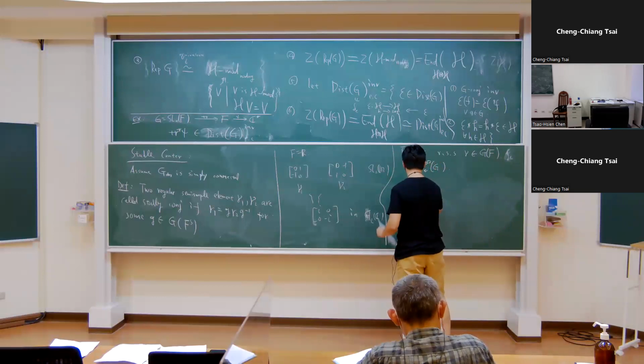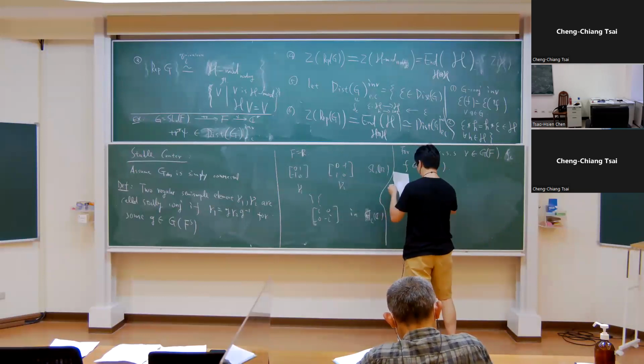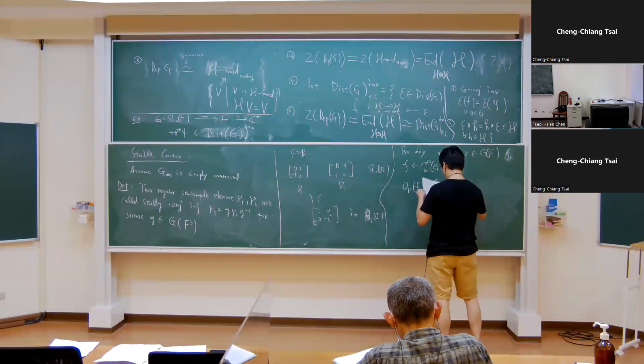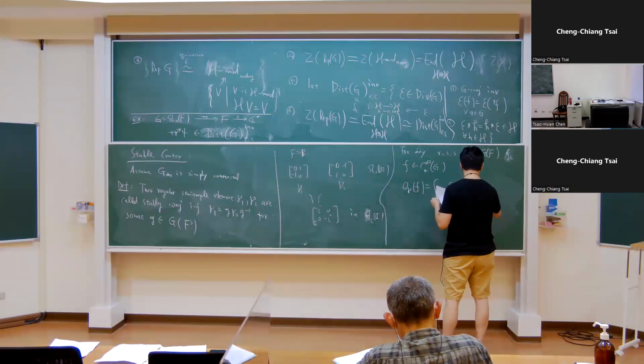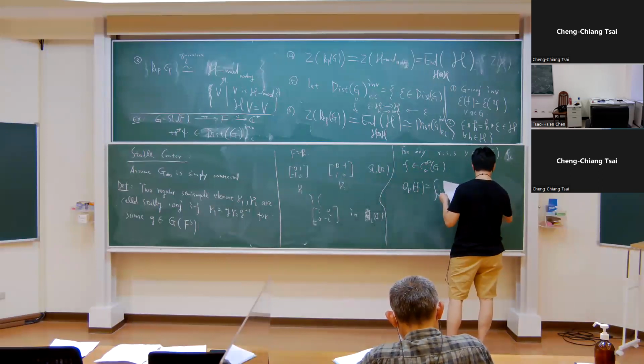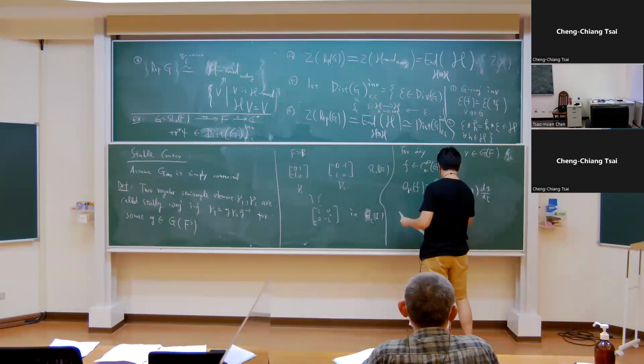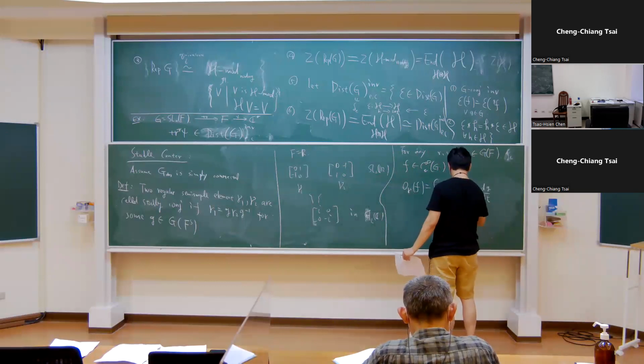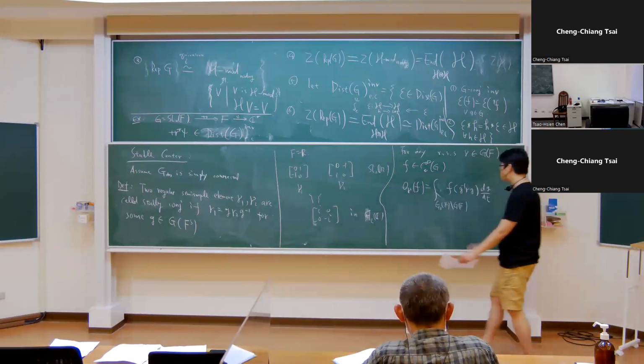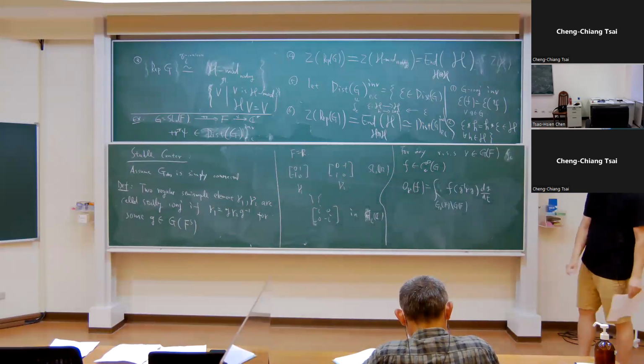First you have the orbital integral of f, which is the integral over G_gamma\G of f(g^{-1} gamma g) dg. This is the orbital integral of this regular semi-simple element.